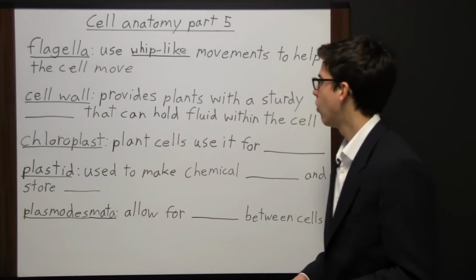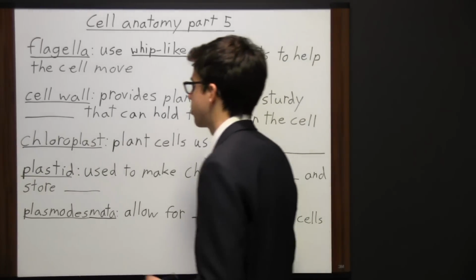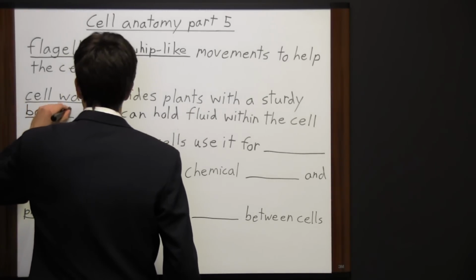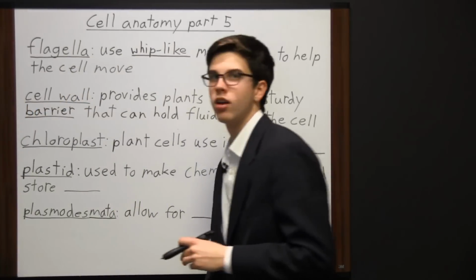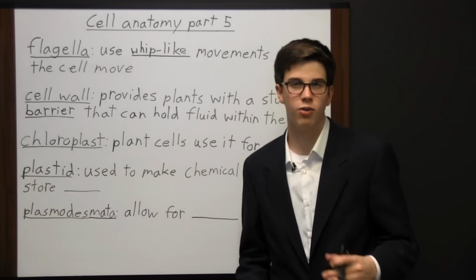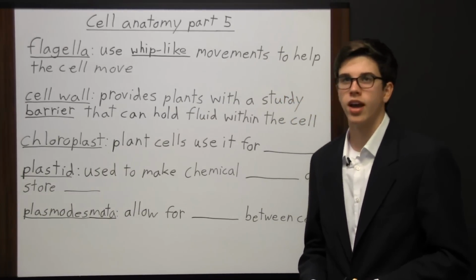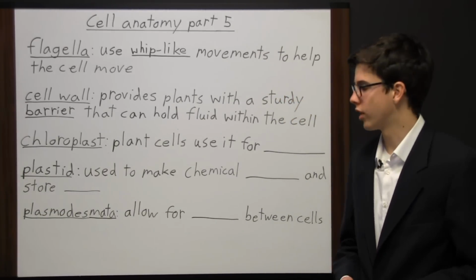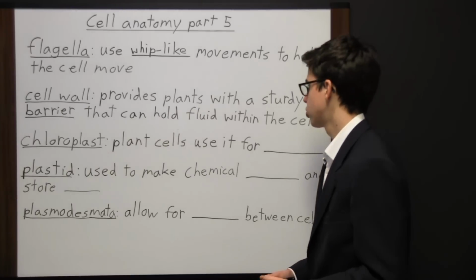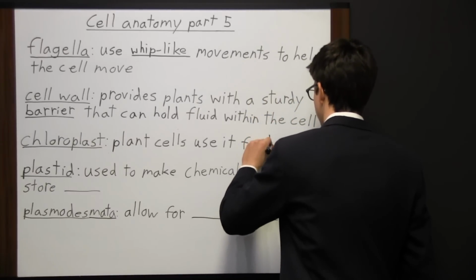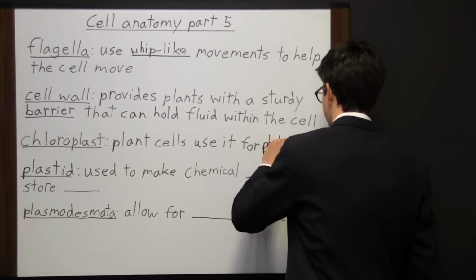Then we have the cell wall, which provides plants with a sturdy barrier. And this barrier can hold fluid within the cell. This cell wall is going to be made of cellulose and composed of numerous layers and surrounds the cell membrane. Then we have chloroplasts, which plant cells use for photosynthesis.